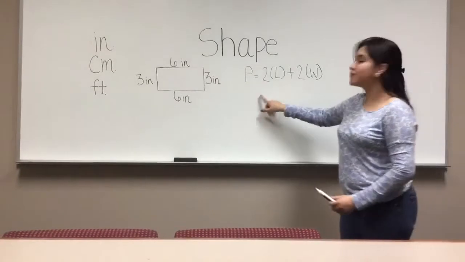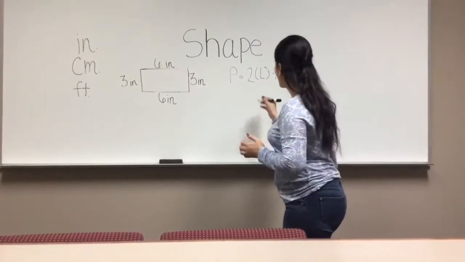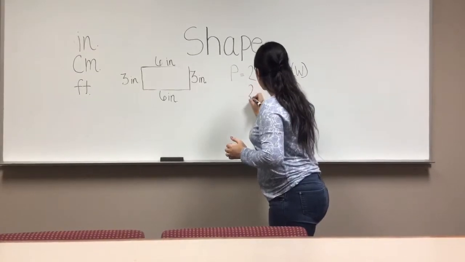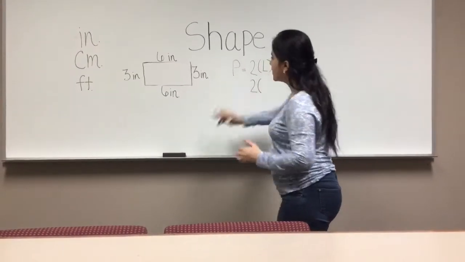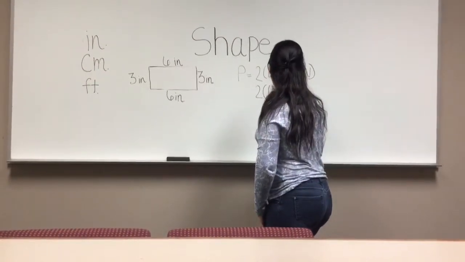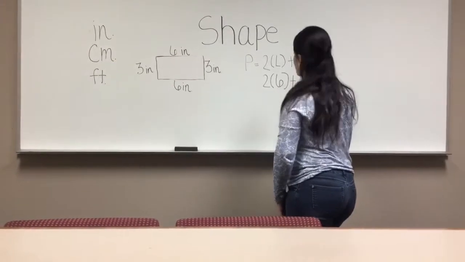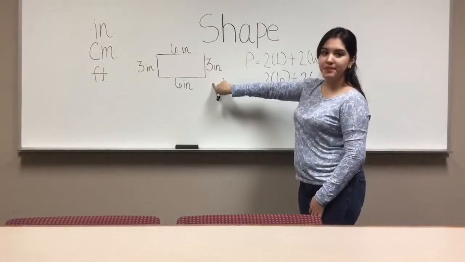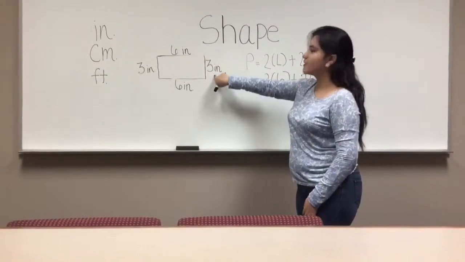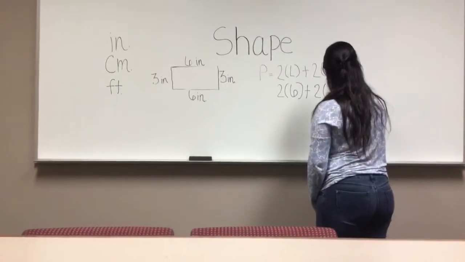So now that we have our formula, let's plug in our numbers. It's twice the length. What is our length? 6. 6, very good. 6 plus twice the width. What is the width? 3. 3, yes, very good. So it would be 3.